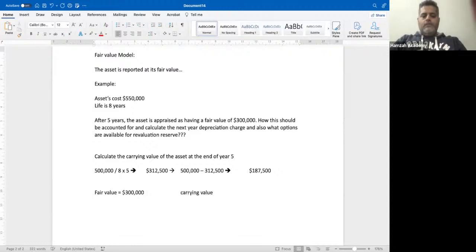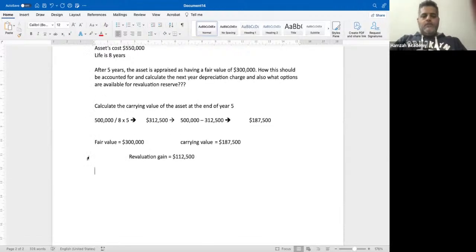The carrying value is 187,500, and the difference, as it's more, is going to be the revaluation gain, which is 112,500, right? Done?